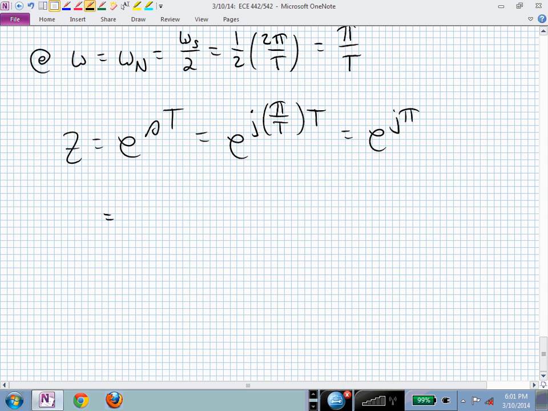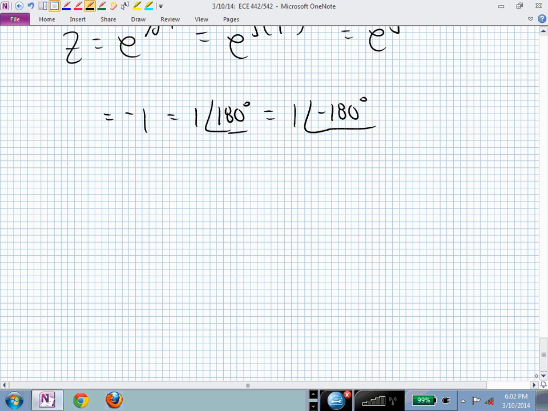The angle is the argument of that j, isn't it? It's pi, or 180 degrees. So we're at a magnitude of 1 at 180 degrees, or we're at -1. So the highest frequency that we're going to be living at maps to -1 in the z-plane. This we could think of as 1 at 180 degrees, or somebody might say 1 at -180.